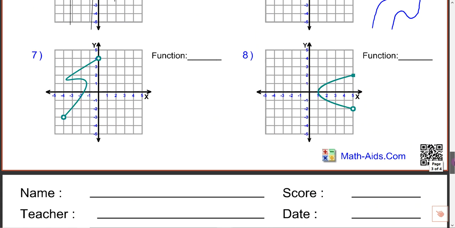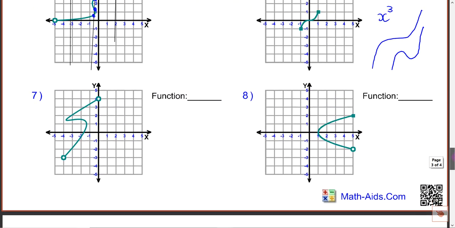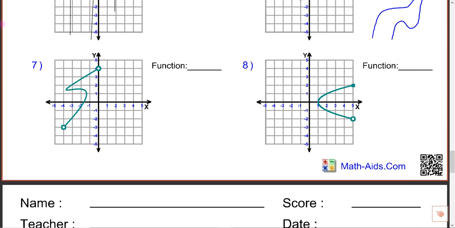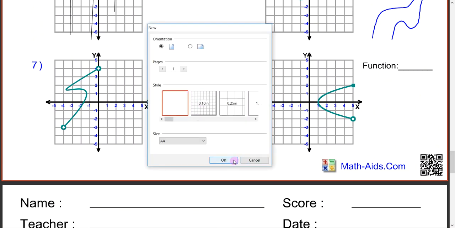So another relation, right? Another one for you to consider. If we had graphical calculators, this would be more interesting. This one, x squared plus y squared equals 25, for instance. Function or not? That is not a function.